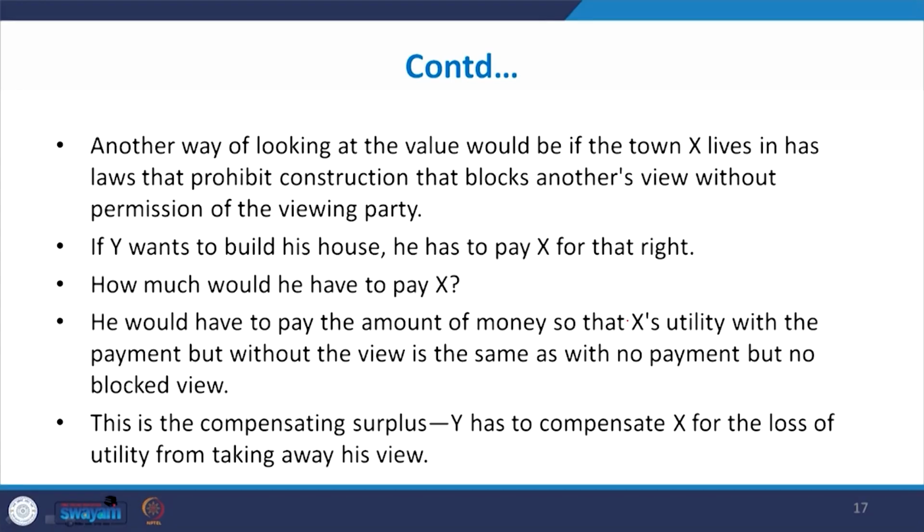How much would he have to pay X? He would have to pay the amount of money so that X's utility with the payment but without the view is the same as with no payment but no blocked view, and this is actually the compensated surplus. So, compensated surplus or equivalent surplus can be explained by using this example.